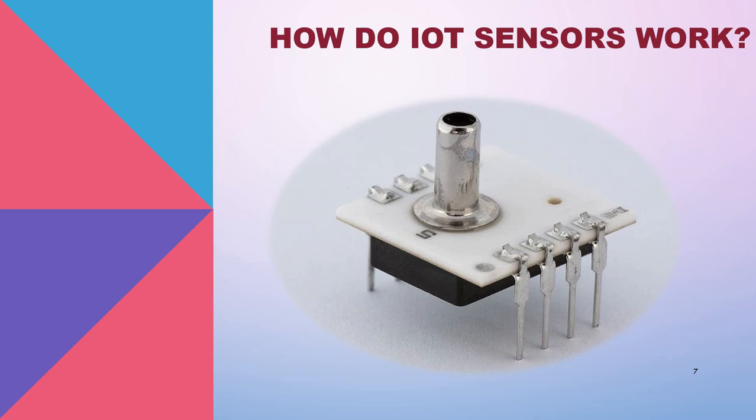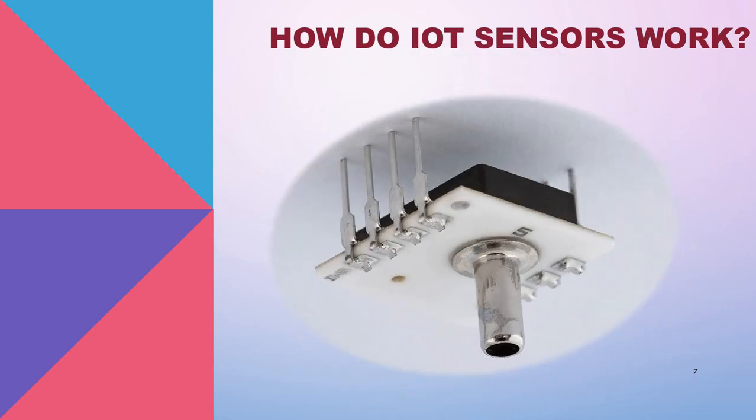They convert these analog signals into digital data, making it easier to process and transmit. This conversion process ensures accuracy and reliability in capturing real-time information. Once the data is digitized, it can be transmitted wirelessly or through wired connections to IoT platforms for further analysis and actions. So this is how IoT sensors actually work.